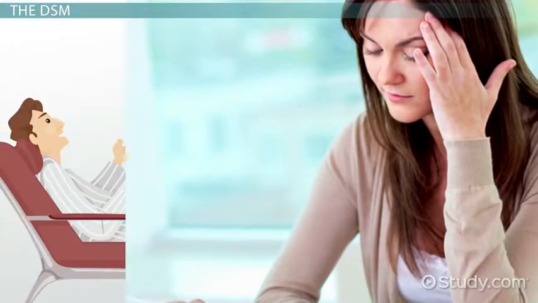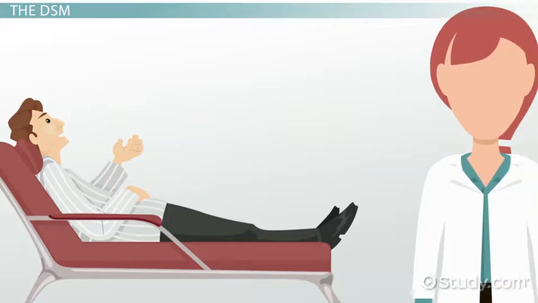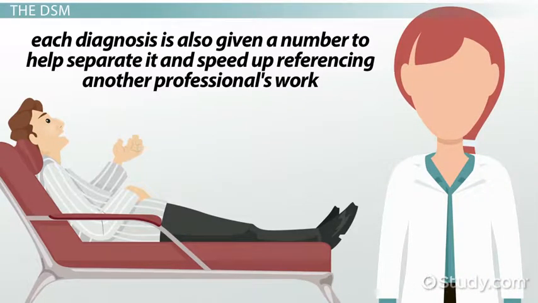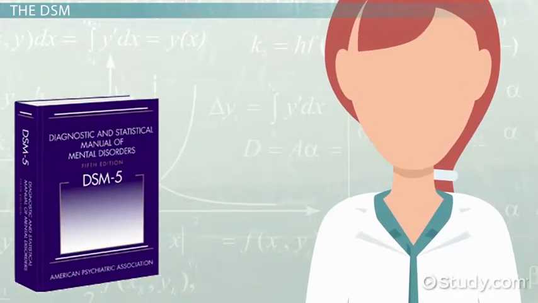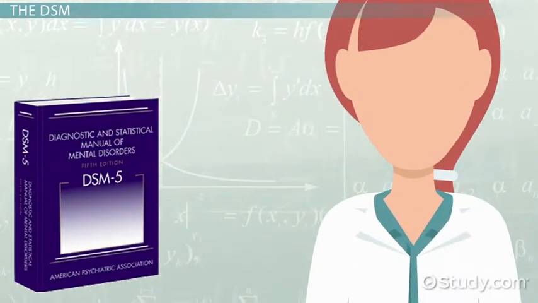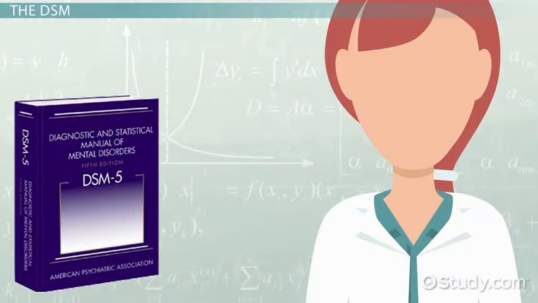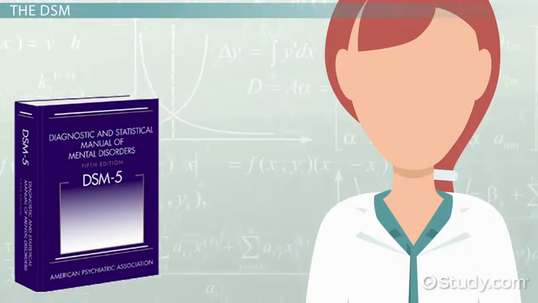The book acts as a guide to help them find the diagnosis or name of a mental disorder, such as schizophrenia, bipolar disorder, or autism. Each diagnosis is also given a number to help separate it and speed up referencing another professional's work. For example, 315.1 is dyscalculia, or mathematics disorder, which is a type of neurodevelopmental disorder in which a person has trouble with math and numbers.